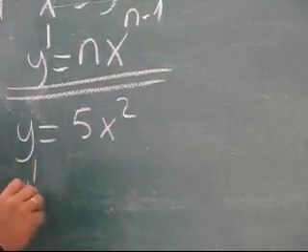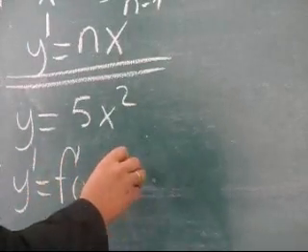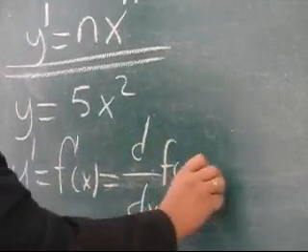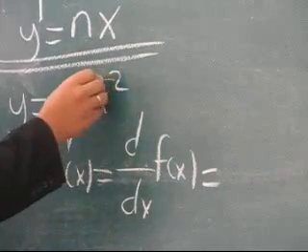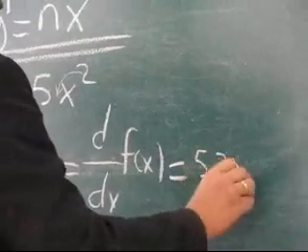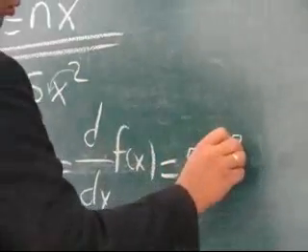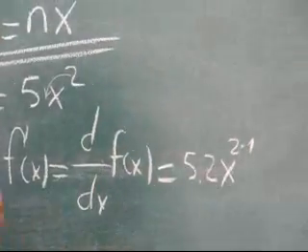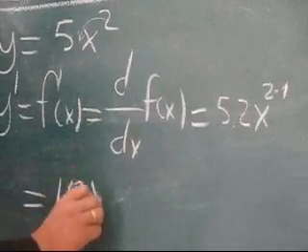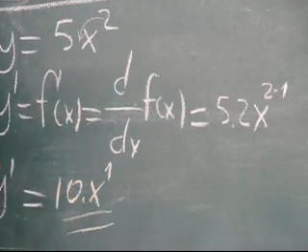It is shown like this, f derivative of x, or we can show it d over dx f of x, is equal to 5 times 2, multiplied by x to the 2 minus 1, which will be equal to 10 times x to the 1, our derivative.